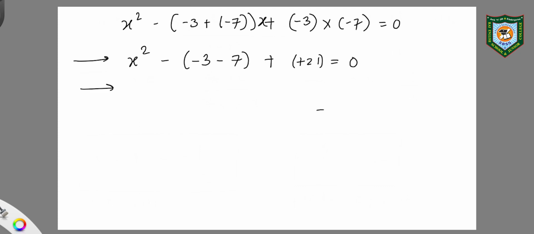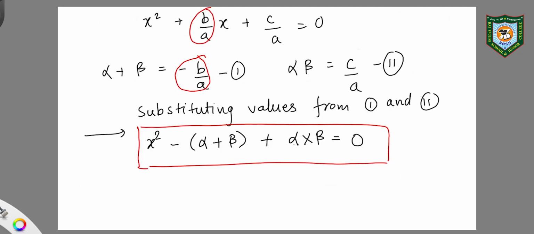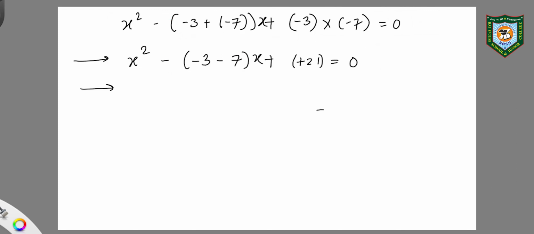But this is x over here. Do not miss this sign. We have an x here. Pardon me, I made a mistake, because we have an x in our quadratic equation. So this is x square minus alpha plus beta x plus alpha into beta.